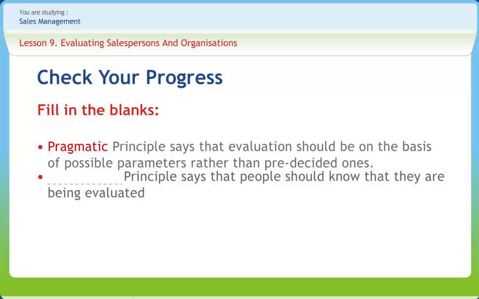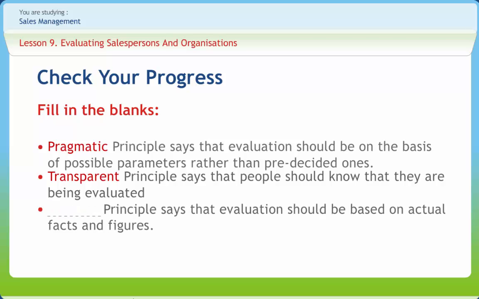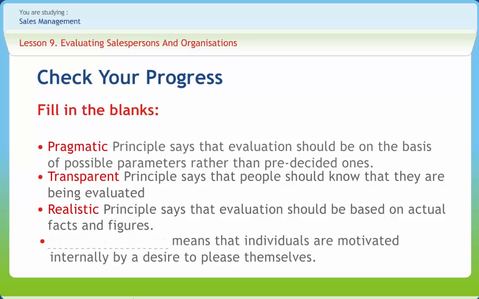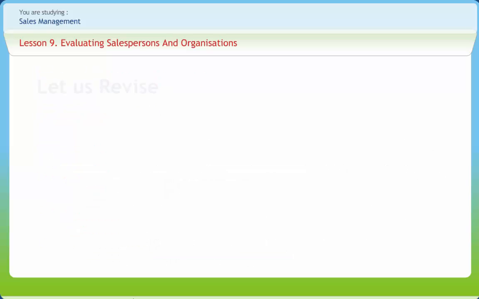Now what should be filled in this blank? Transparent. Principle says that evaluation should be based on actual facts and figures. Realistic. Which principle says that evaluation should not be vague? Specific. Before we end, let us briefly revise what we have studied till so far.